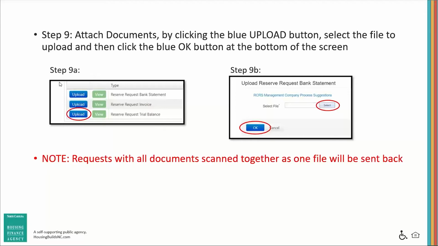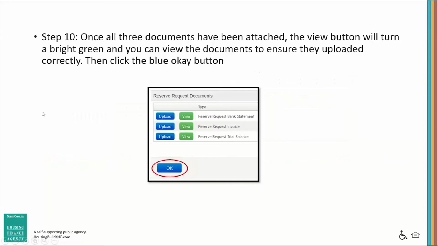If you do not separate it out and you attach the same attachment to all three and it includes all of the data, the request will be sent back to management in order to break that out. So once all of the documents have been attached, you will hit the OK button at the bottom.